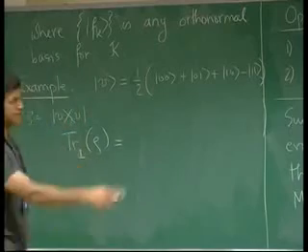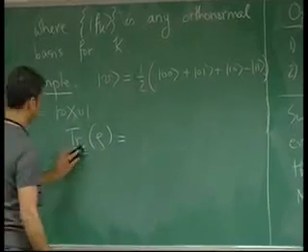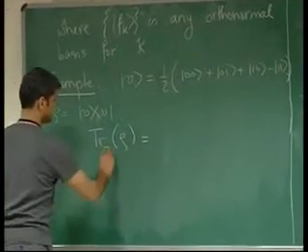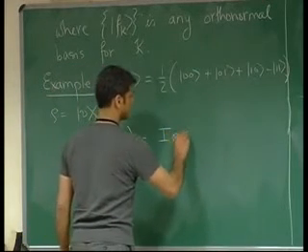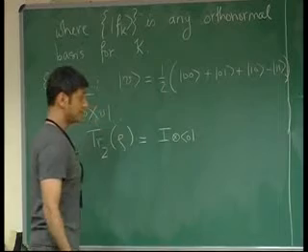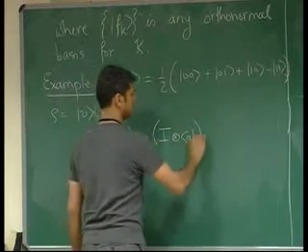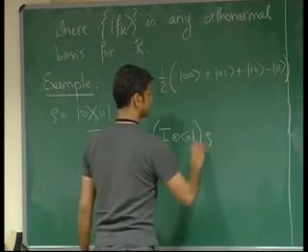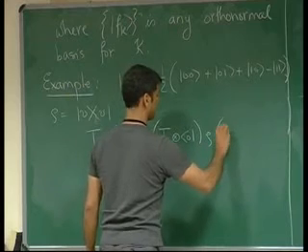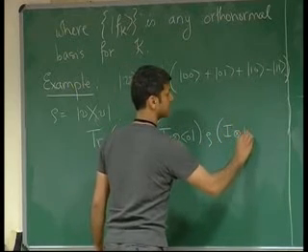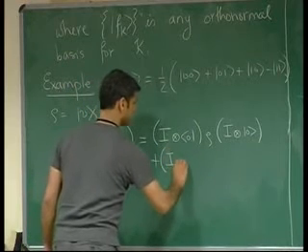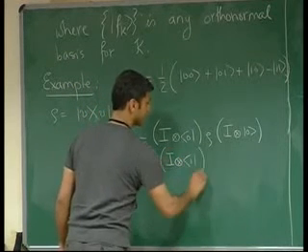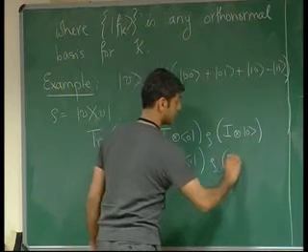Just to be consistent with that notation, I'm choosing the basis 0, 1 for the second qubit. So this is what it's going to be.